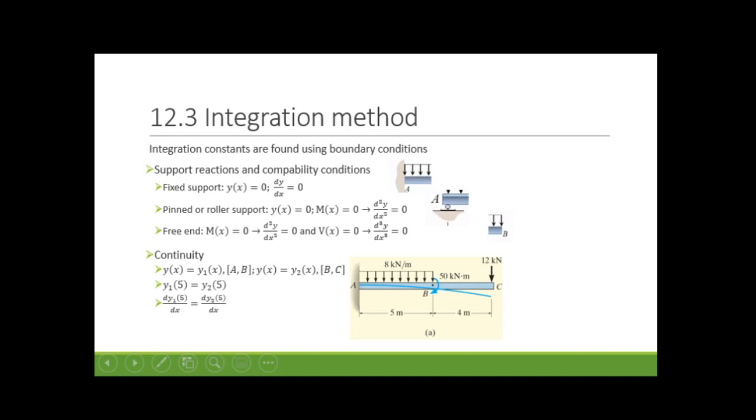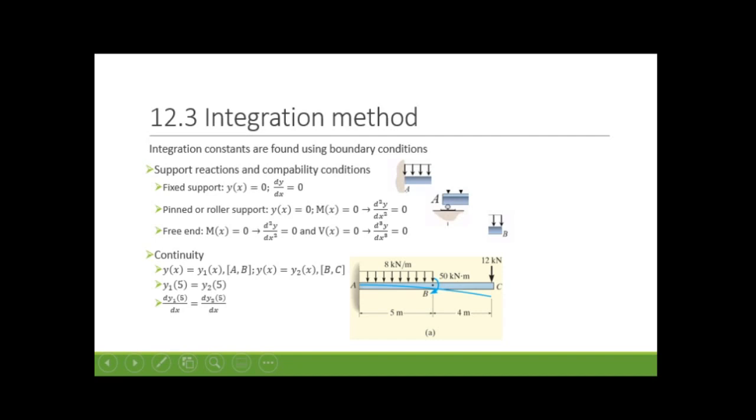Also, if we are talking about the compatibility equations, for example, take a beam like this, you can see the moment function is not continuous. We can generate two different y functions by using this.